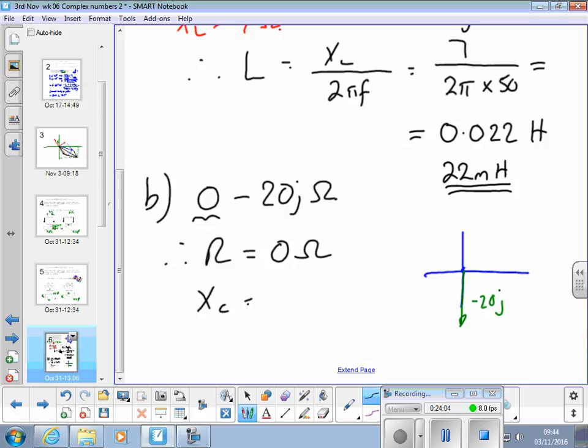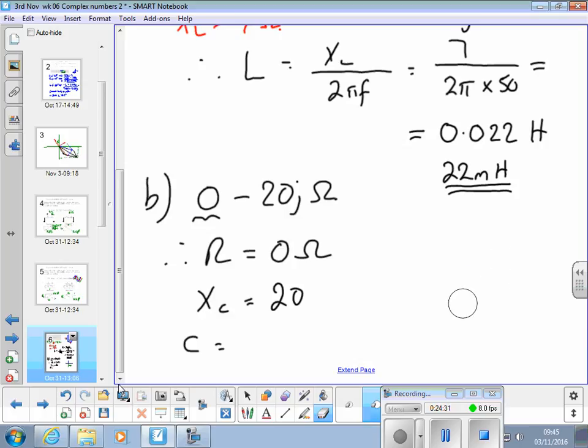XC, the magnitude of XC, is 20, isn't it? The size of it. So for the capacitance, the other formula you need is the equivalent of that one. You'll get given these.